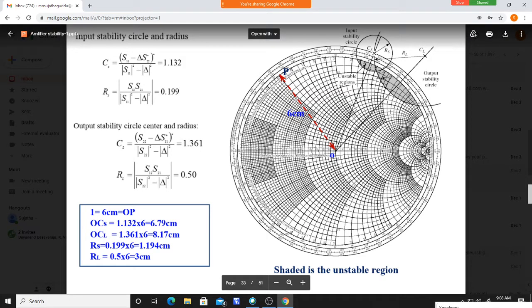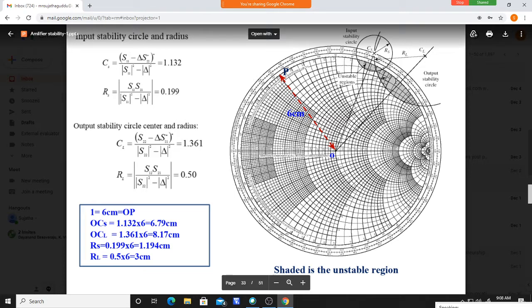But the shaded area here, those values do not give stable operation. So if our gain impedance value lies within this area, we cannot choose it for the constant gain circles.